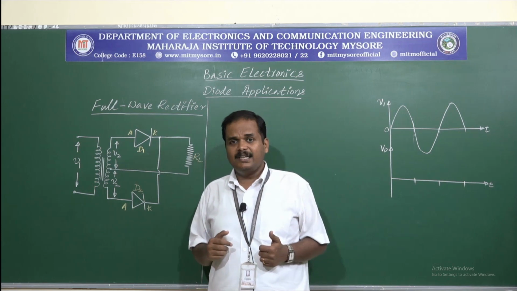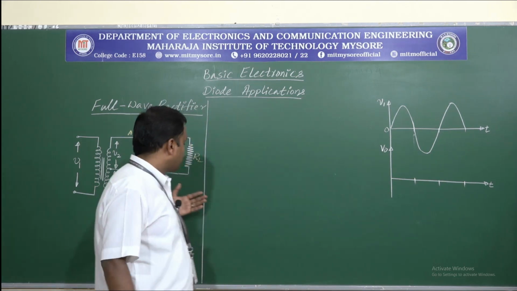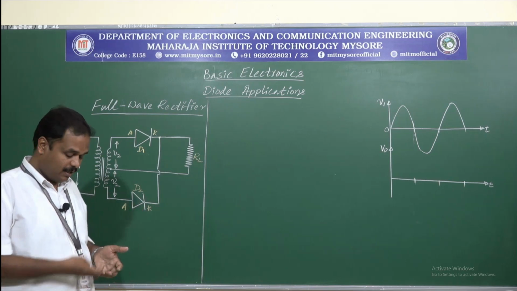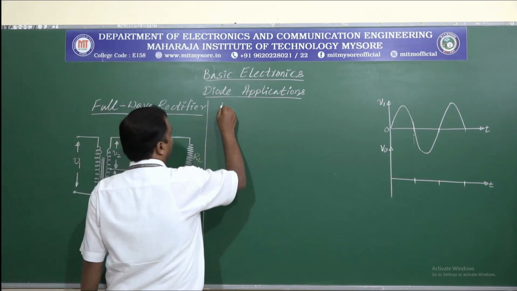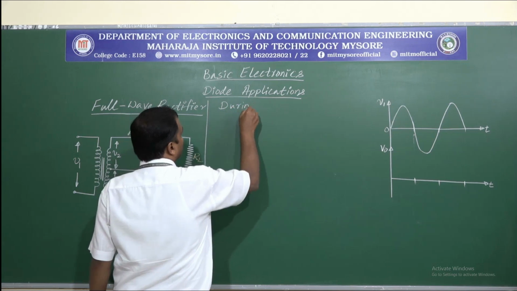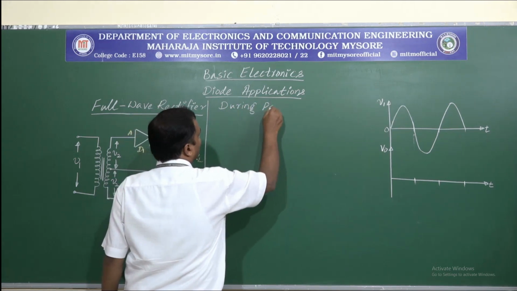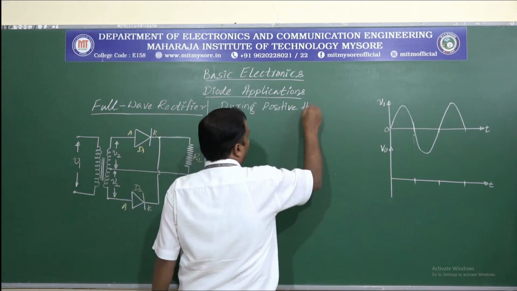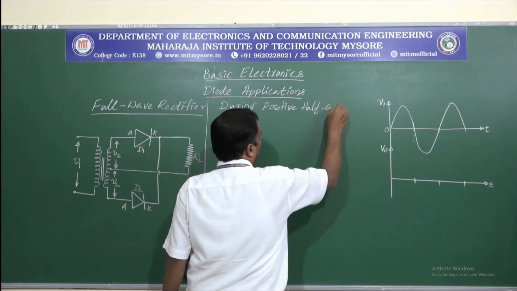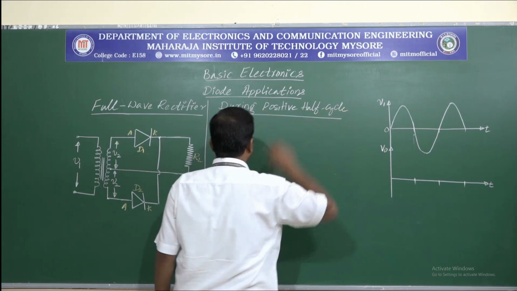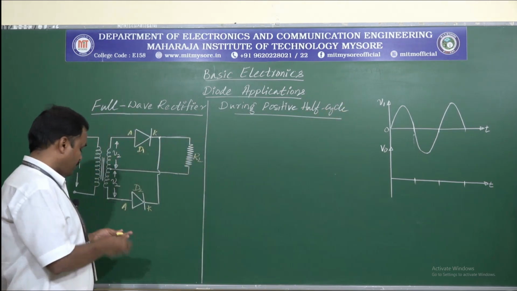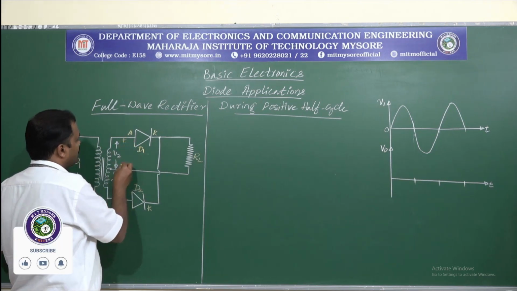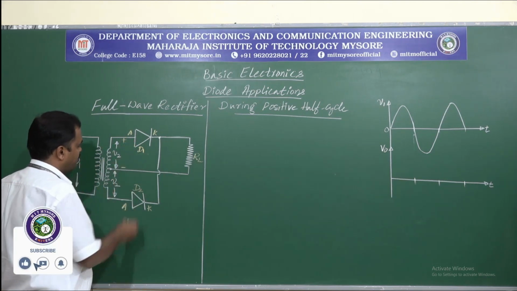Now let us understand the operation of this circuit for the positive half cycle and the negative half cycle. Now during the positive half cycle, what happens here is, this is going to be plus and this is going to be minus.